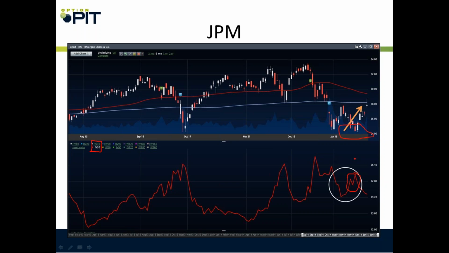Well, you can see JP Morgan creeps up to about 58. But implied volatility goes from 24 down to 19%. In this case, I would have been interested in selling the 55 put.